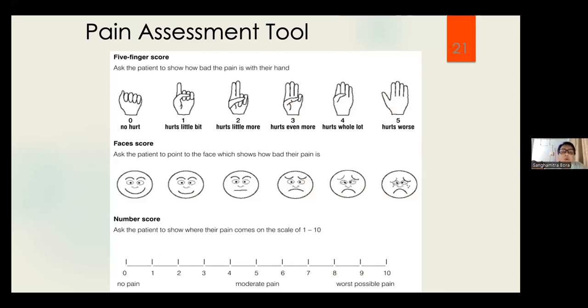Interestingly, the number score is the widely used scale, from 0 to 10, where 0 is no pain, 4 to 5 is moderate pain, and 10 is the worst possible pain. So you can use a combination of all these tools also.